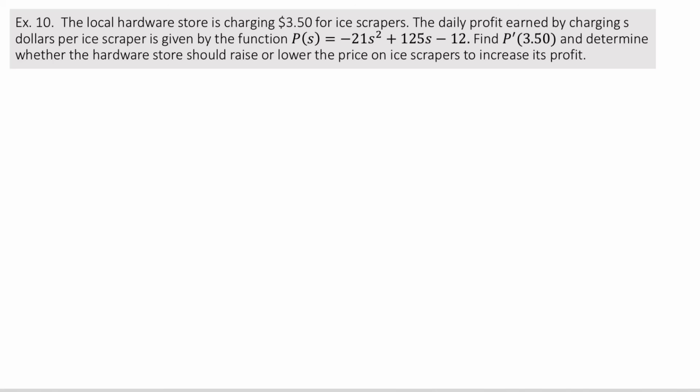All right, your profit's going to go down. So if we get a negative slope, that means at $3.50 the profit is decreasing when you increase the cost of your scraper just a little bit. That's the interpretation. All right, so let's find P prime of S.